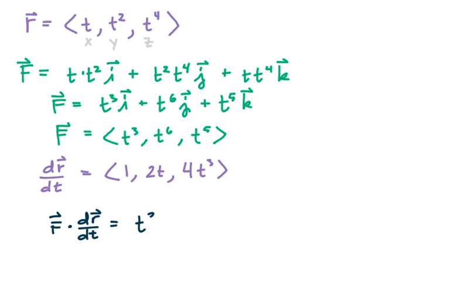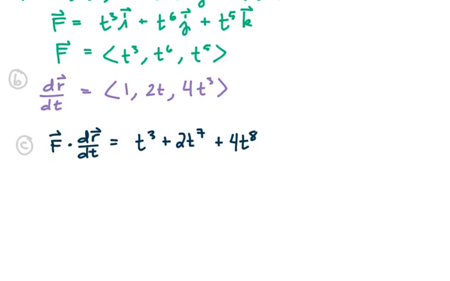So I'll have t cubed plus 2t to the 7th plus 4t to the 8th. So I've done three things here. I found my composition, F composed of r. I found the derivative of my r vector, my velocity vector, and then I dotted those two vectors.